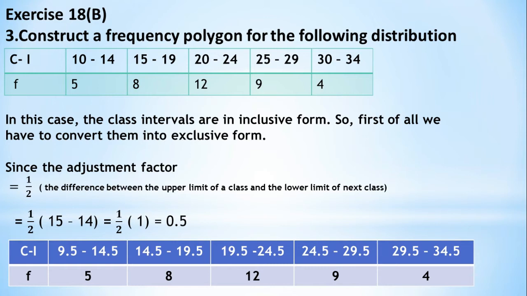Hence, it results in 9.5 to 14.5, 14.5 to 19.5, 19.5 to 24.5, 24.5 to 29.5, 29.5 to 34.5. This is called the exclusive frequency distribution. Frequency remains the same: 5, 8, 12, 9 and 4.